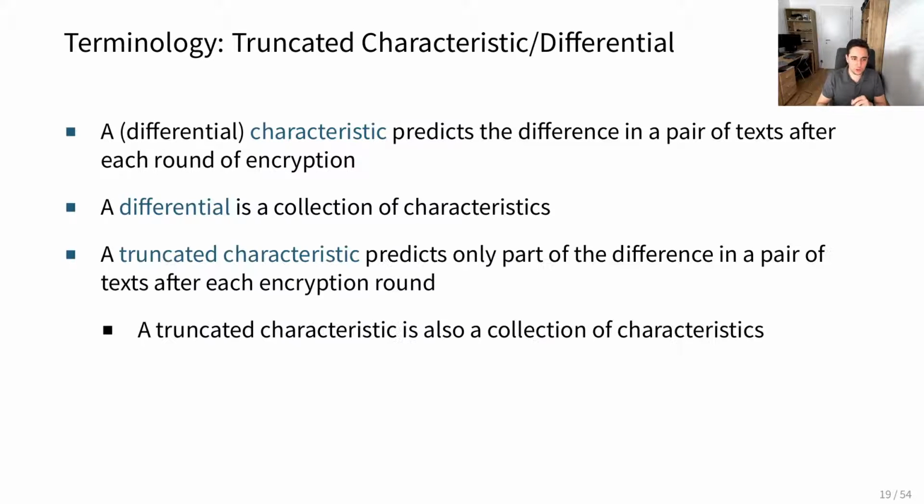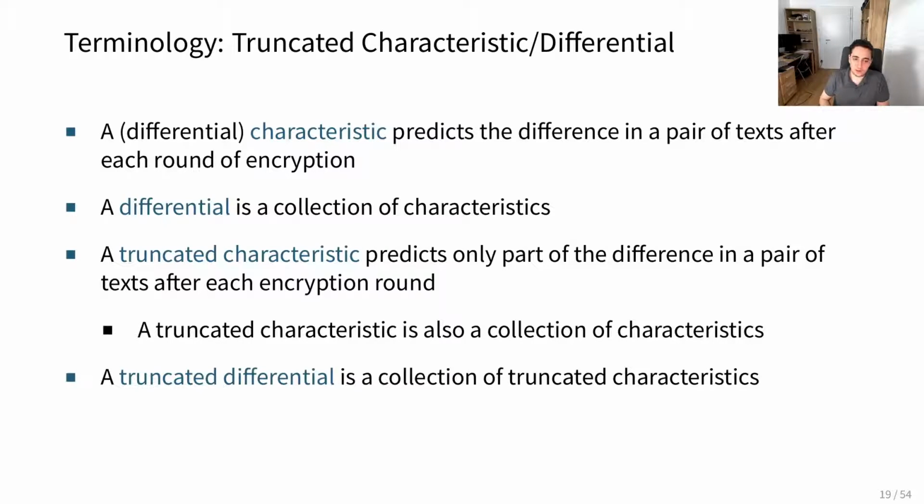And we can also go further here. A truncated characteristic predicts not the whole difference in a pair of texts, but only a part of the difference, again after each encryption round. This means that a truncated characteristic is also a collection of potentially multiple characteristics.